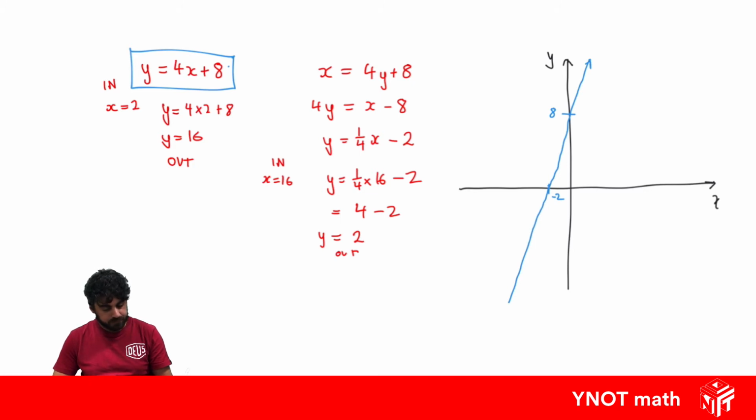Whereas our new function, our inverse function, has this equation here. So its y-intercept is minus 2. And its x-intercept, if you made y equal to 0, so you'd add 2, then times by 4, and you'd get 8 for the x-intercept.